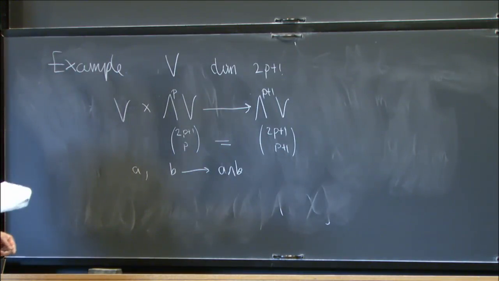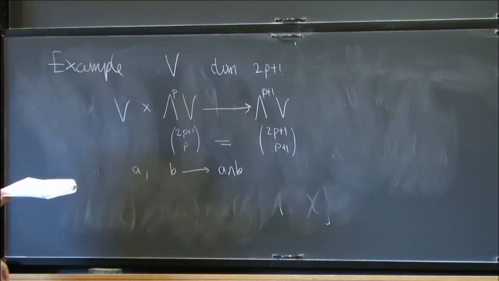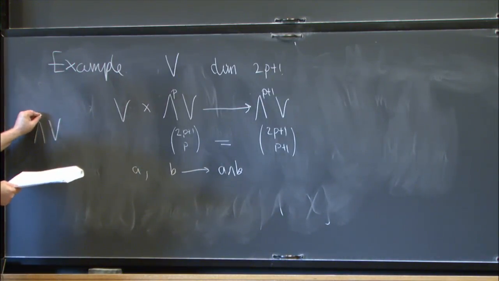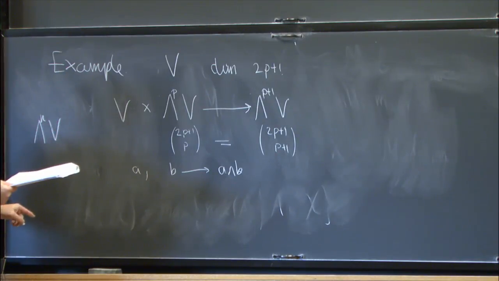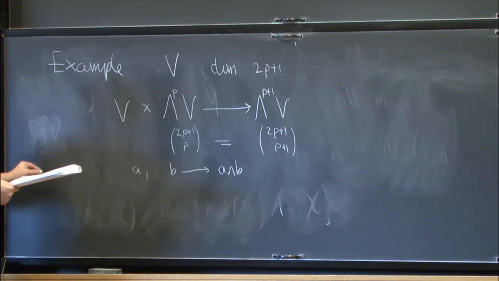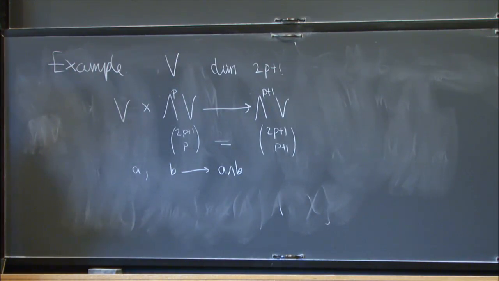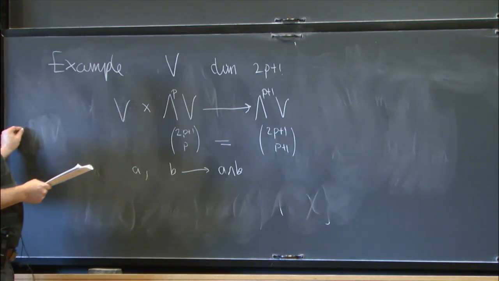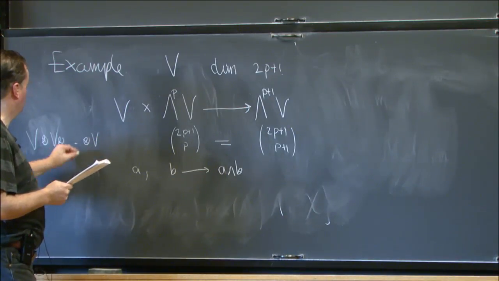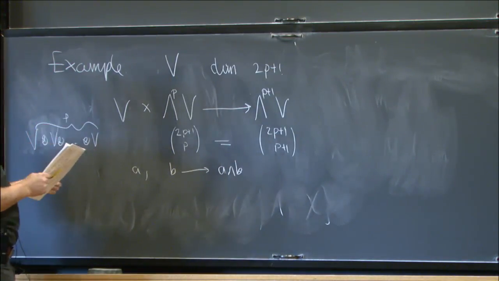If you have an n-dimensional space, then this wedge p V is one way of defining it as a quotient of the p-fold tensor product.